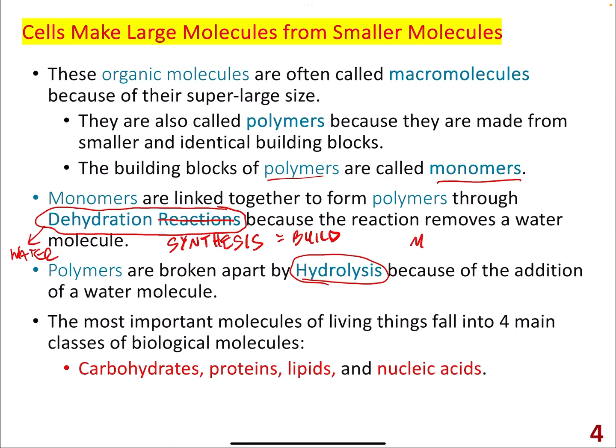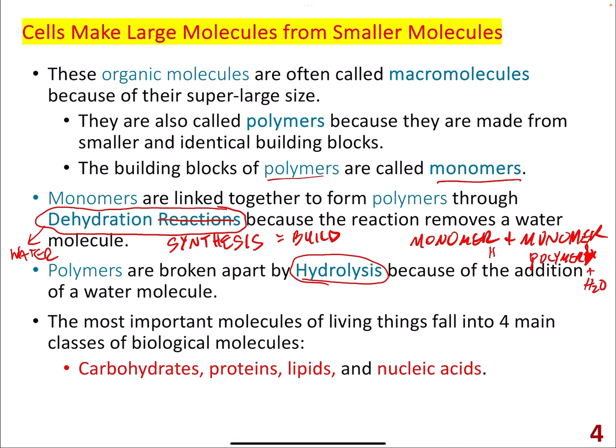So in other words, if I have a monomer here, and I'm adding another monomer to build a polymer, that's like a chemical reaction, very messy. There's an arrow. Monomer plus monomer are the reactants, yields a polymer, and you also have to show that it removed water in the process.